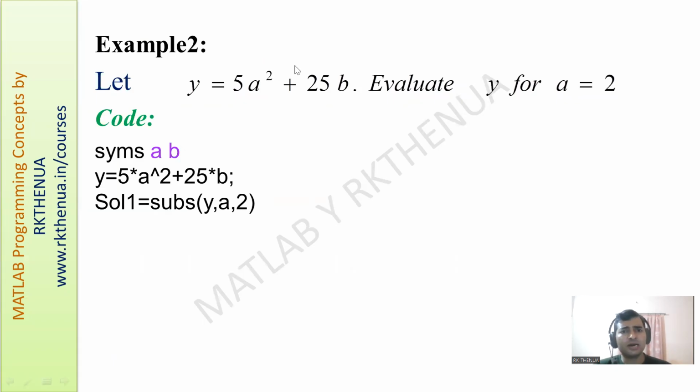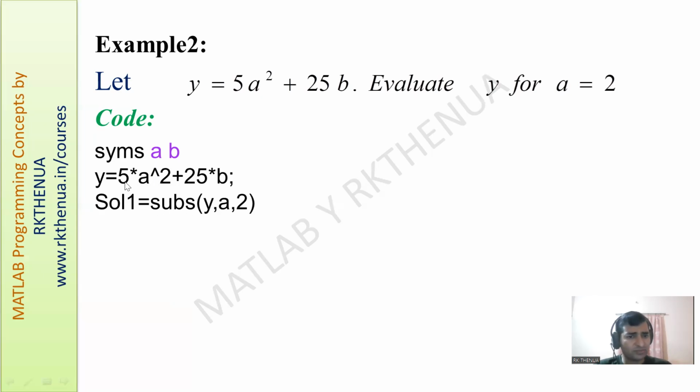Okay, so here are some examples. I have written y is equal to 5 to the power a, is equal to 25. Then evaluate y for a is equal to 2. Okay, so I want to substitute 2 in place of a. So in that case, I can simply substitute y.